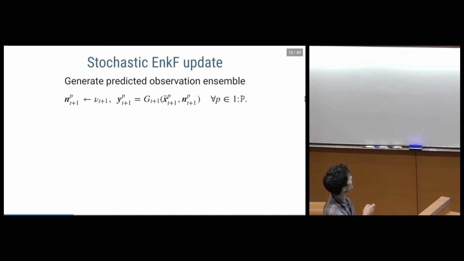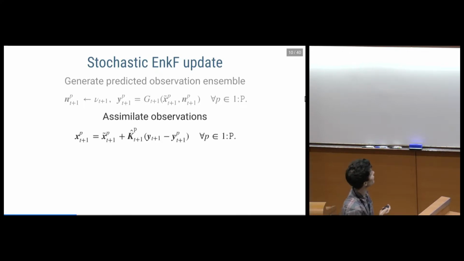So we just map them through this observation operator plus simulate some observation noise variables. And then the form of the assimilation update takes this form here. So it's just some additive term involving the difference between the simulated observations and the true observations modulated by this Kalman gain matrix.